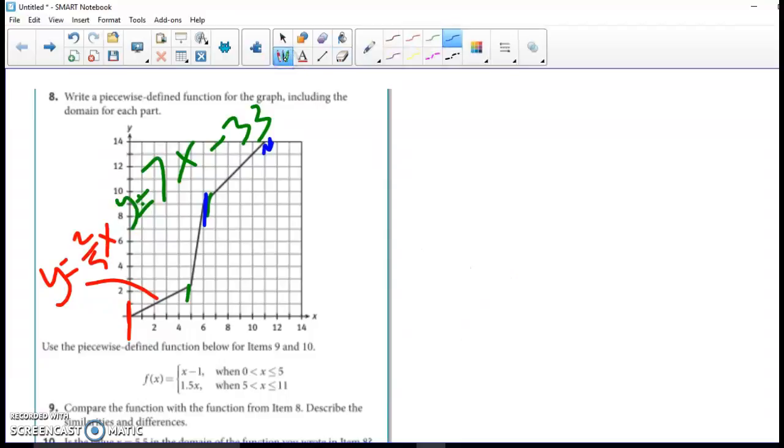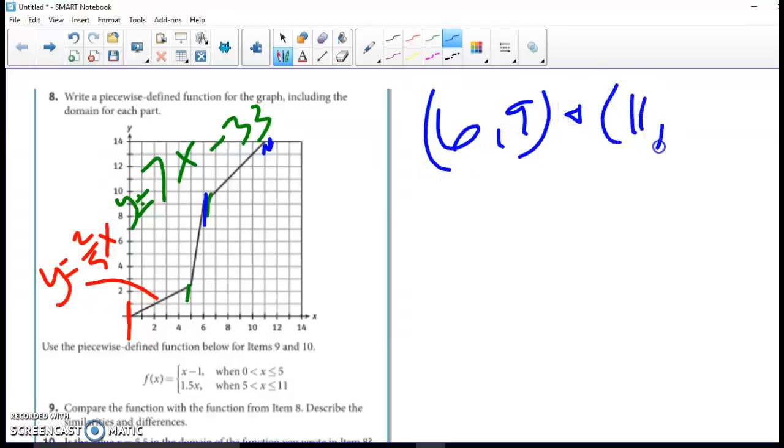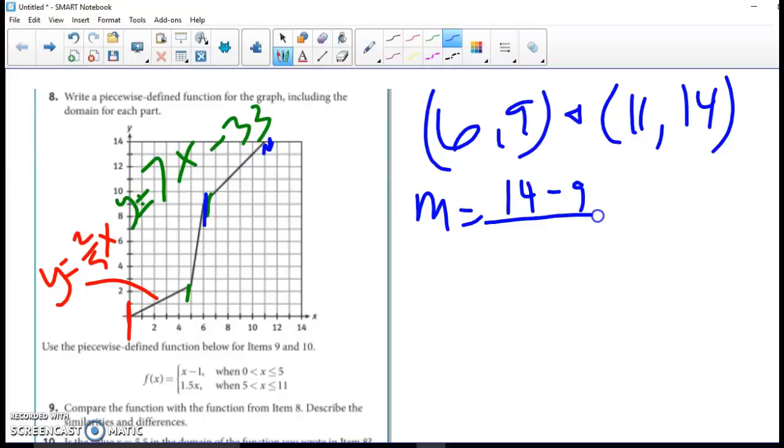So we started at 6, 9, and we're going up to 11, 14. So those are the 2 points we're going to use to find our slope. So we're going to take the difference in our y-coordinates, so 14 minus 9, over the difference in our x-coordinates of 11 minus 6. So we have a slope of 5 over 5, or 1.